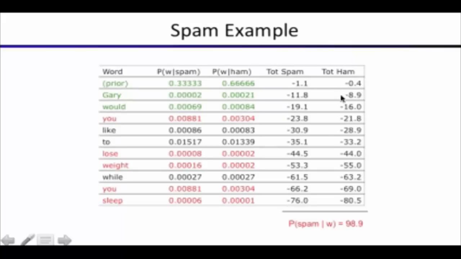So this is, okay, let me see if I can draw with this mouse thing. This is equal to, if you take the exponential of both of these, the exponential of this will get you the probability that it's spam, that you have an email that is spam and has all those words, so the joint probability.